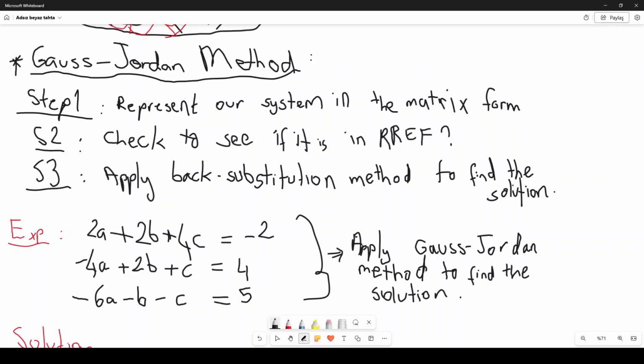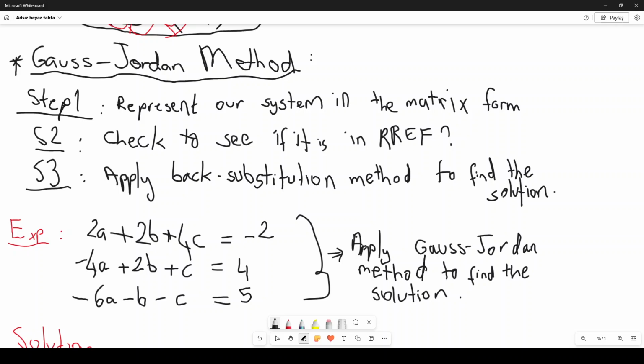So each row actually corresponds to one equation in the system, and from top to bottom I just put the equations in the matrix form, in each row.